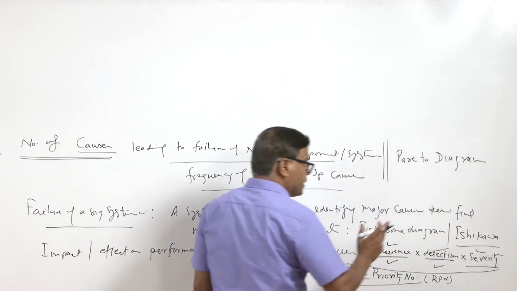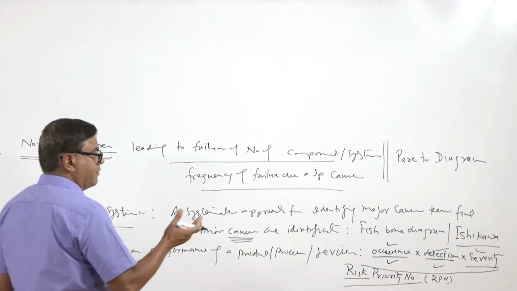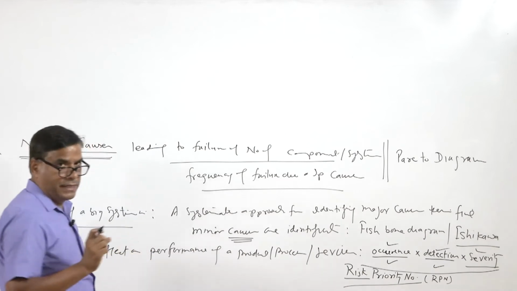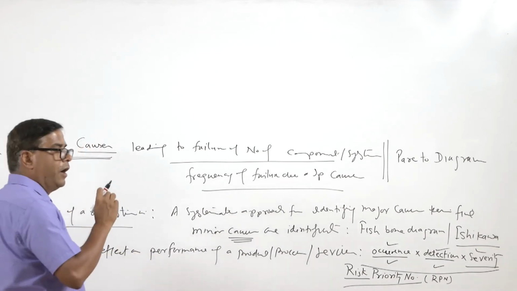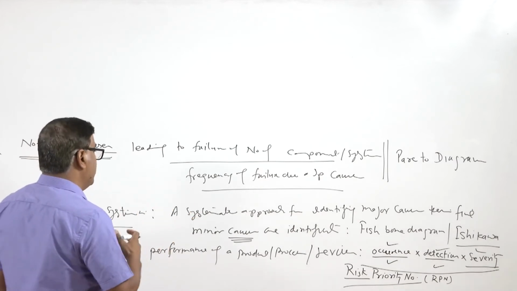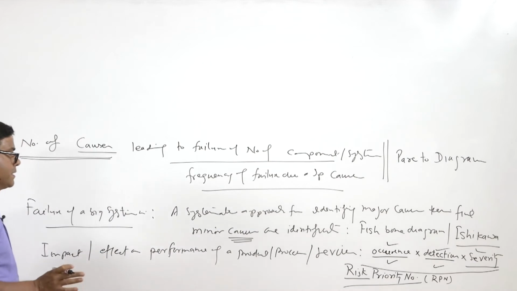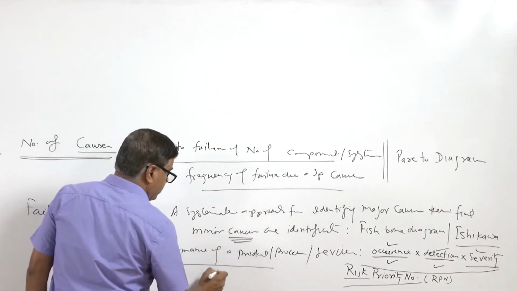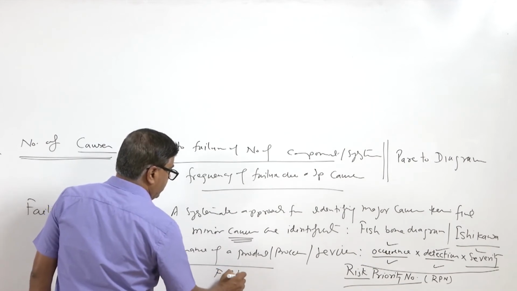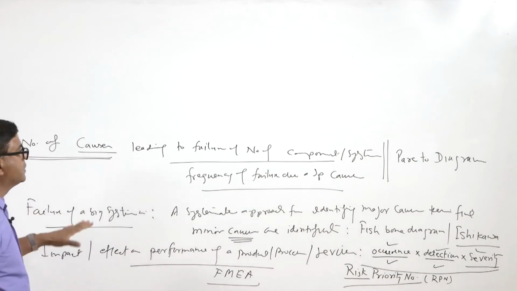So, for each component or subcomponent which will have tendency for failure, the RPN number is identified, and based on this number we decide how much importance or attention should be given to a particular product or the subcomponent. So, this kind of approach is used in the failure mode effect analysis. So these are the three approaches.